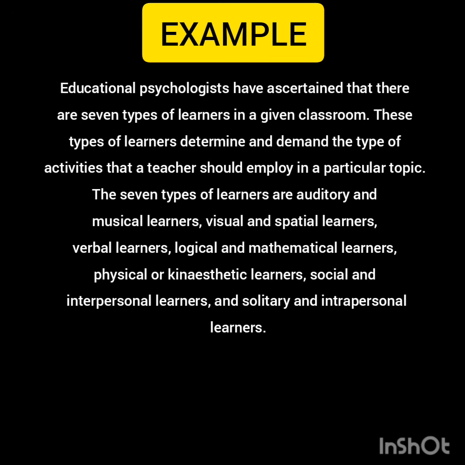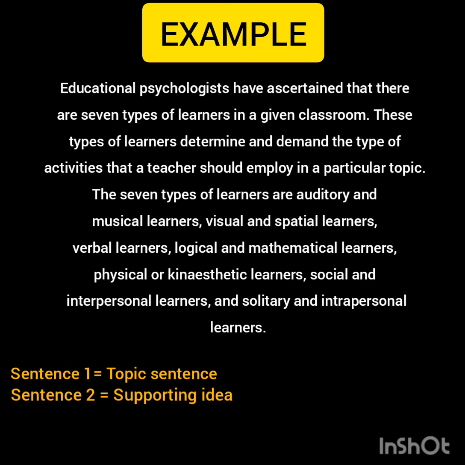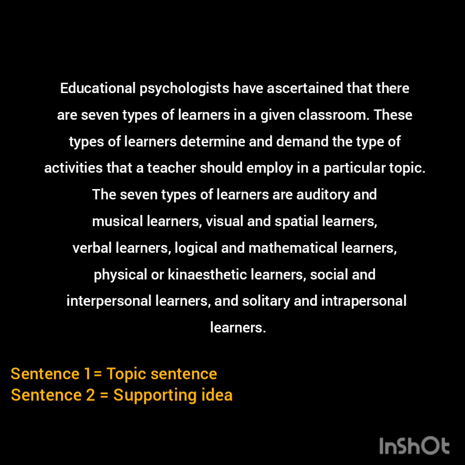If you carefully examine this paragraph, you will notice that in the first sentence, the author tells the readers that there are 7 types of learners. This is the topic sentence, the main idea of the paragraph. In the second sentence, the author gives supporting detail or further expands or explains the topic sentence.